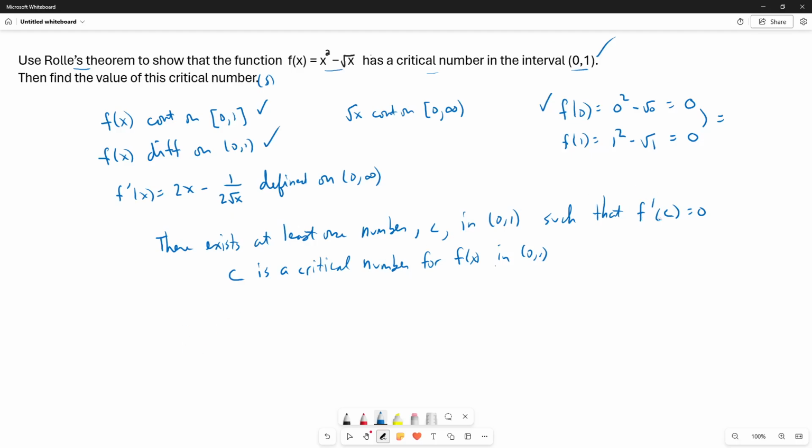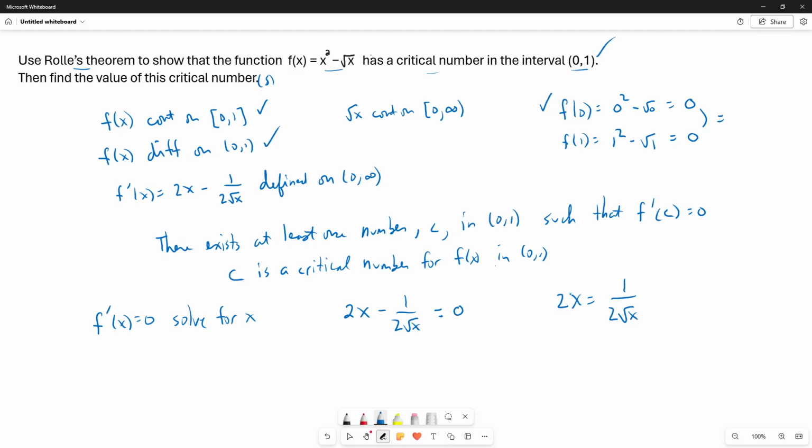So we will calculate the derivative of our function and set it equal to 0 and solve for x. So we will take this equation here and we will solve it for x. Our derivative is 2x minus 1 over 2 times the square root of x is equal to 0. So 2x is equal to 1 over 2 times the square root of x.